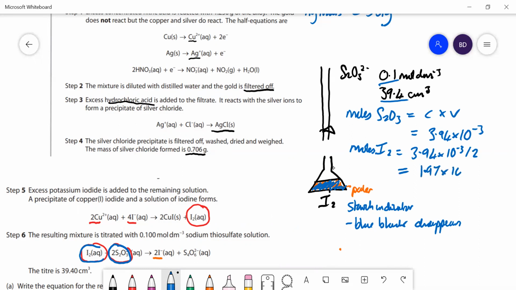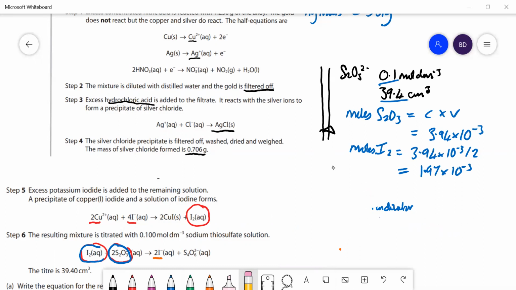I'm just going to rub this out here now. Okay, right. Now we need to go to this equation. This gets complicated. Every mole of iodine you get comes from 2 moles of copper 2 plus ions. So the moles of copper 2 plus ions that came from, we've got to double that, 1.97 times 10 to the minus 3 times 2.